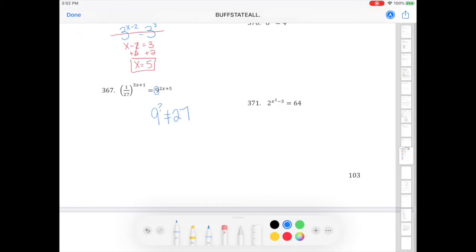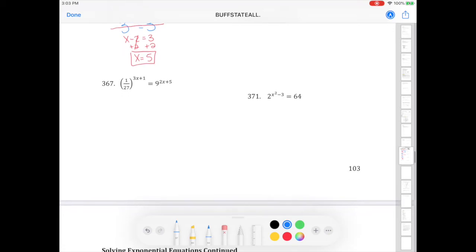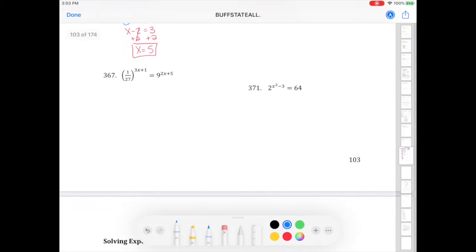The smaller of the two for this one is 9. 9 to some power will never equal 27. It is impossible. It's not going to work out. So you need an even smaller base for this one. So think about a number that could be raised to any exponents that could get you 27 or 9. It's going to be 3.